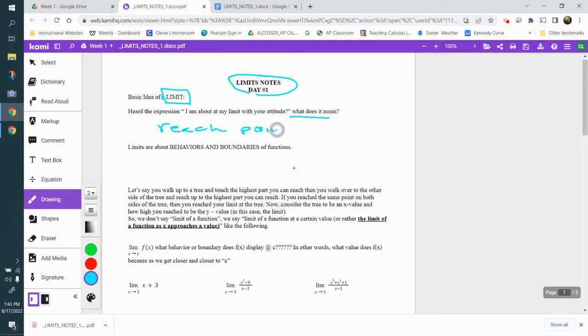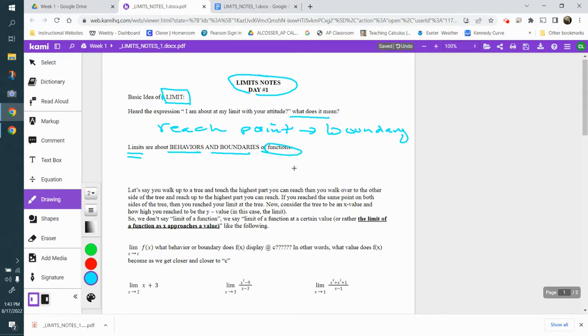A point where there is a boundary, right? Or where that behavior gets to a certain limit and a reaction happens, where you get your car taken away or something like that. So when we're talking about limits in calculus, we're talking about behaviors and boundaries of functions.